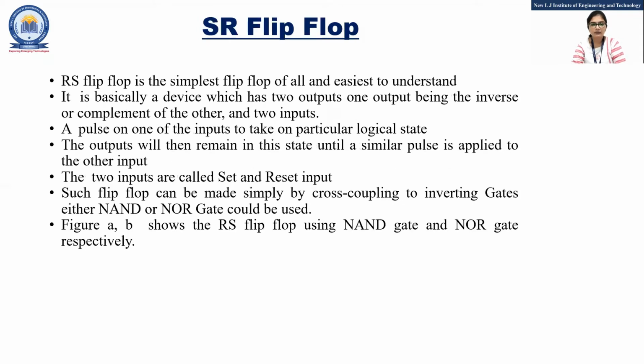Fine. Now we'll see one of the types of flip-flop, that is SR flip-flop. As its name suggests, SR indicates set, reset. We can also pronounce it as RS flip-flop.